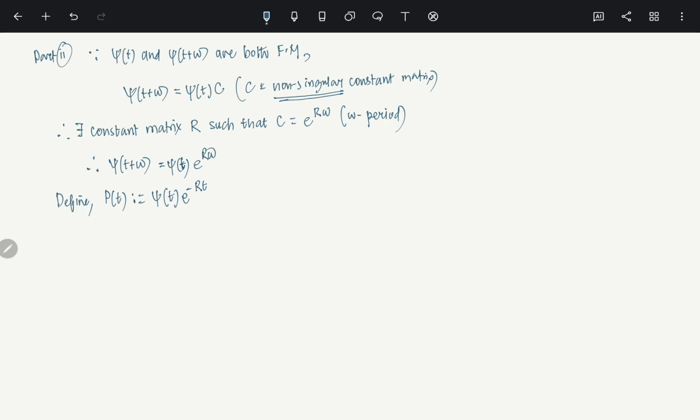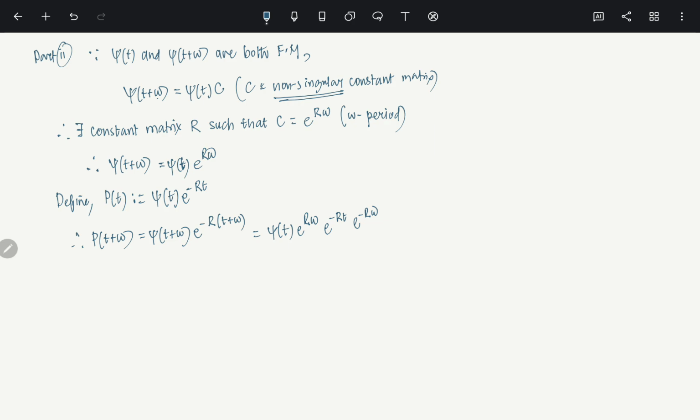Therefore, let's look at what P of t plus W is. It is psi of t plus W times e to the power minus R times t plus W. Psi of t plus W is psi of t times C, which is psi of t times e power RW. And this is e power minus RT times e to the power minus RW.